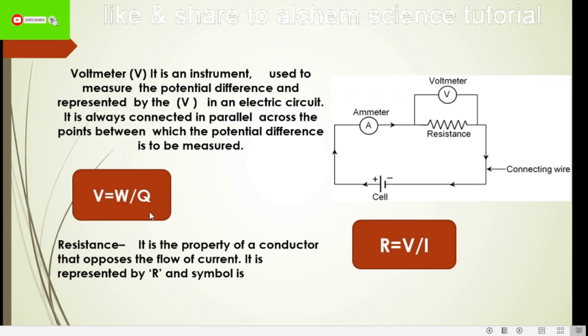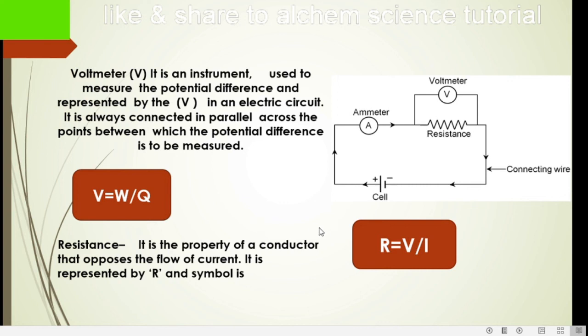Right now, the next one is our basic physics topic, that is resistance. Resistance is the property of any conductor that opposes the flow of electric current. This is a property by which the flow of electric current is hindered.